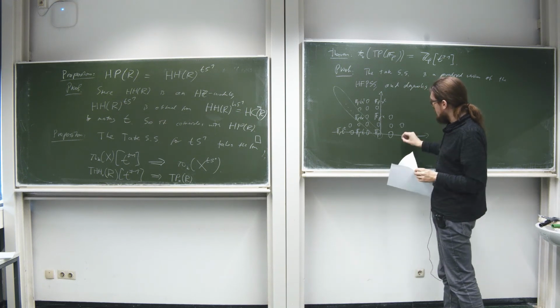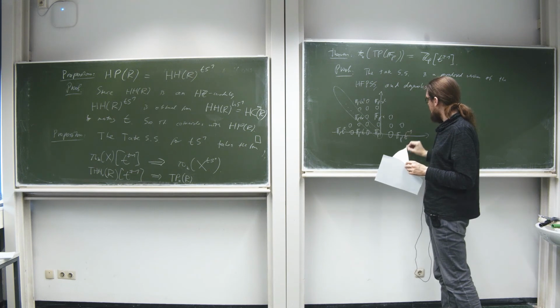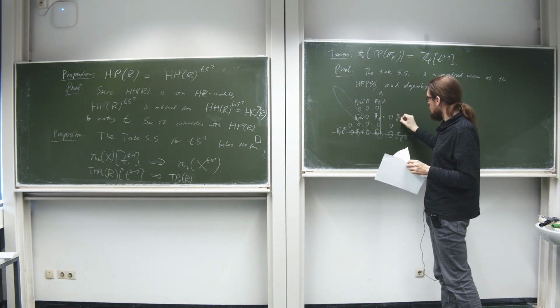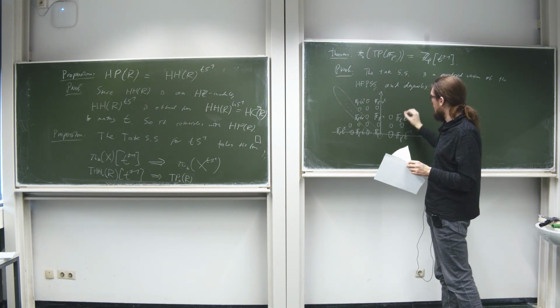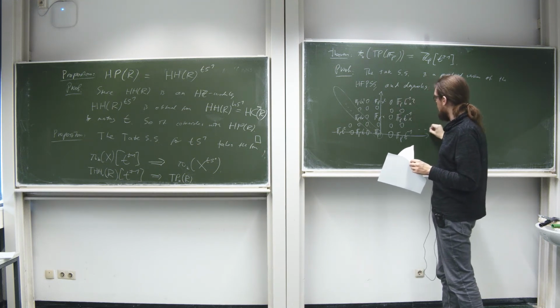Now what happens here? Well, this guy will have this element T inverse, T inverse x, T inverse x squared, and so on.